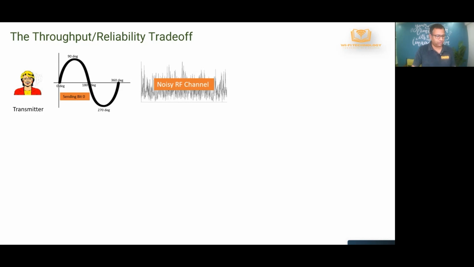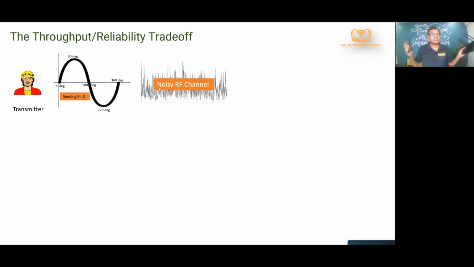So for example, let's say this is the transmitter and this is the receiver, and they can see each other. The medium is very clear, there is no noise, and it's a very clean channel. Then the transmitter can transmit, and the receiver will receive exactly what the transmitter is transmitting. There will be some little bit of fading of amplitude, but most of the signal will be received, and it will not be out of phase, and it will receive exactly what's being sent.